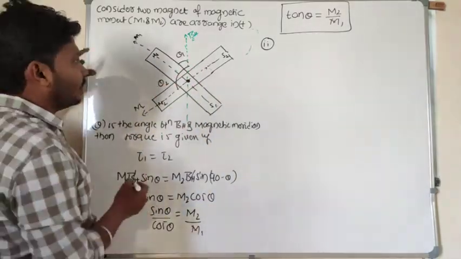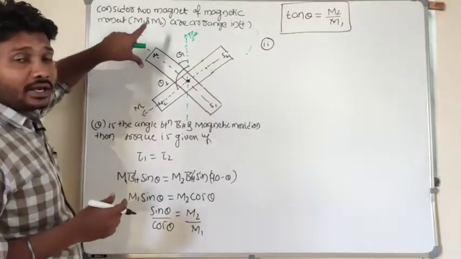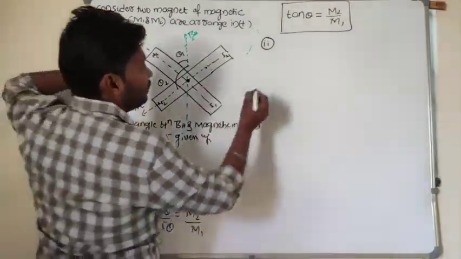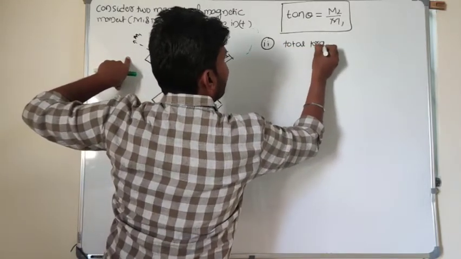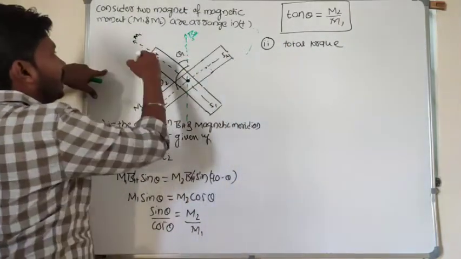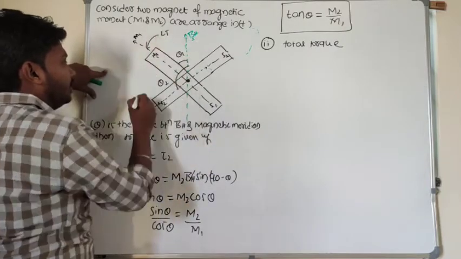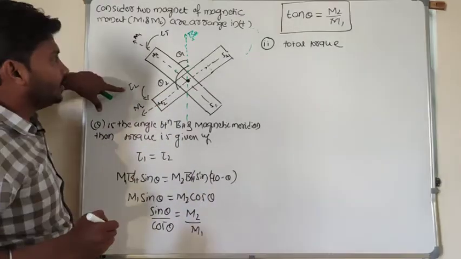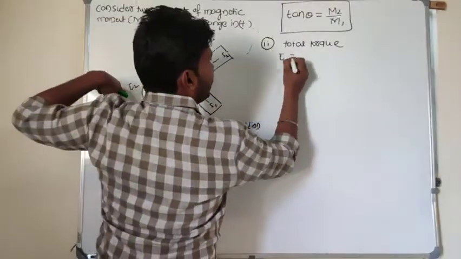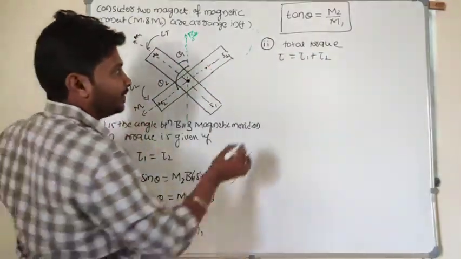In this case, what will be the equation for torque we can consider? Total torque. Look at here, torque acts in this direction, tau 1, and this is tau 2, or T2, you can consider. Total torque tau is equal to T1 plus T2, right?